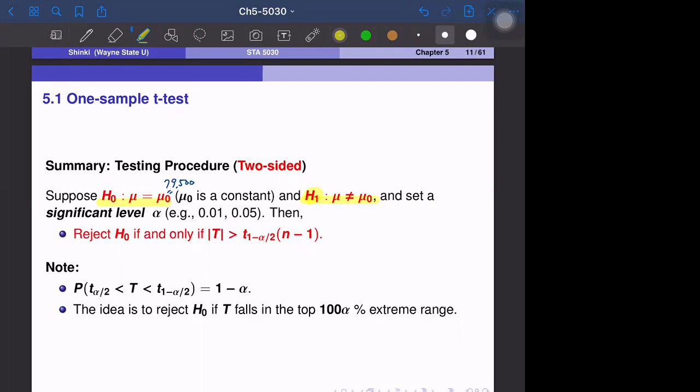In this case, we reject the null hypothesis if and only if the absolute value of the T statistic is larger than t sub 1 minus alpha over 2. Alpha is usually a small number called the significance level. If this is 0.05, this part is 0.975, as we've seen in the previous slide.